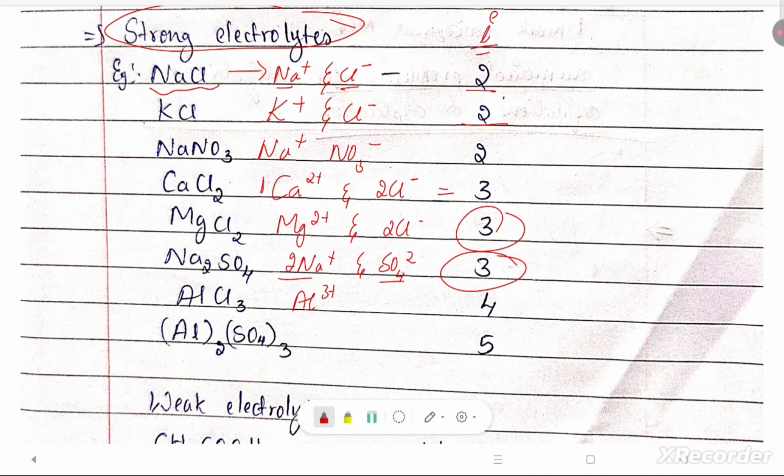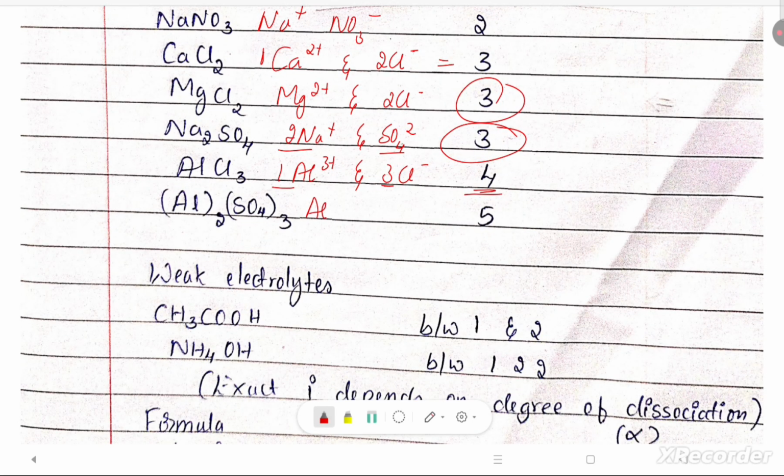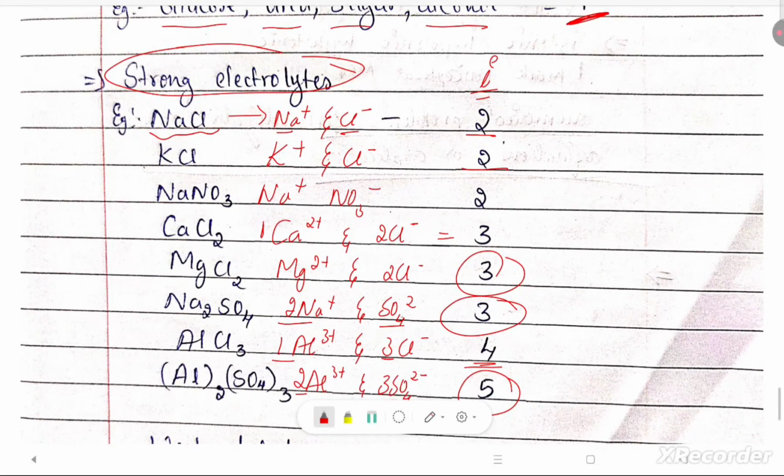Al3+ and 3 Cl-, 1 plus 3 is equal to 4. Here 2 Al3+ and 3 SO4 2-, 2 plus 3, 5. Like this, for a strong electrolyte, how many ions it will form, that is the value of i.